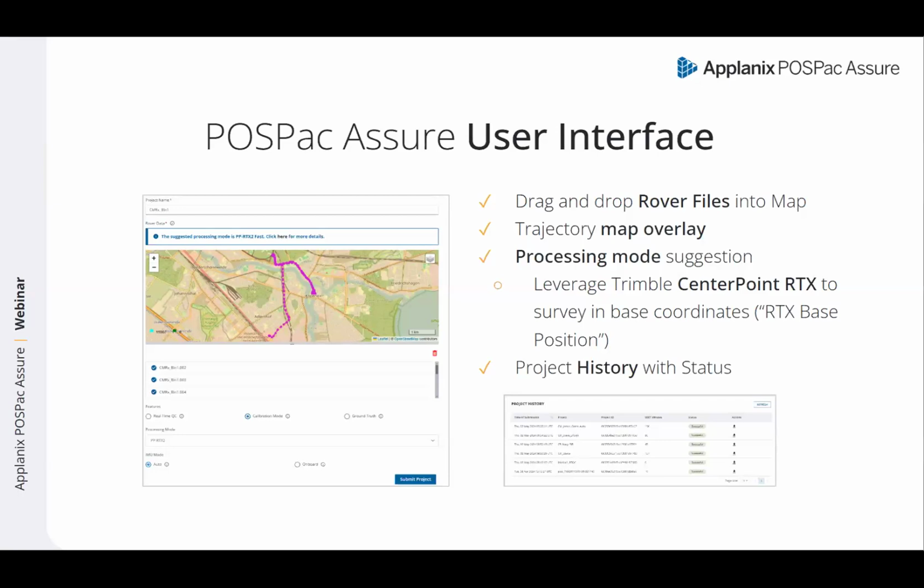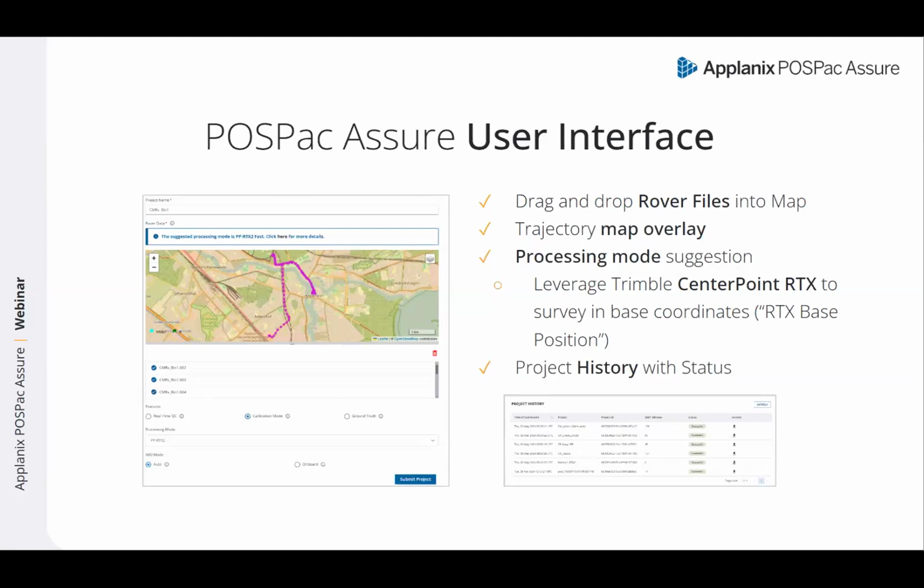At the same time, the integration here will even suggest a certain processing mode for your data, depending on the correction data that we have in our database and that we are aware of. The user can take that suggestion or select any other processing mode that he finds suitable.